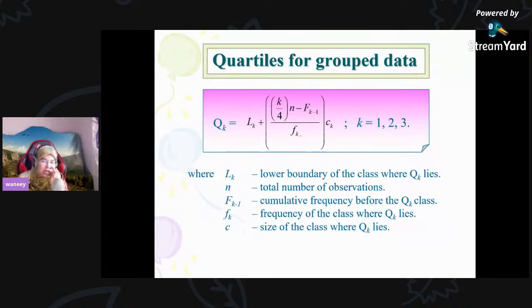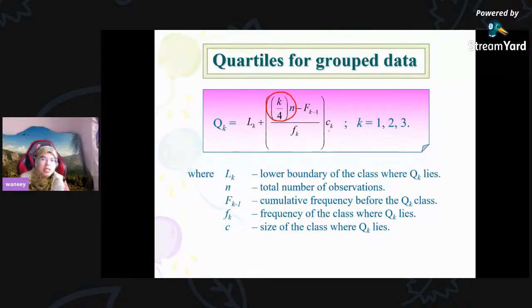This is almost similar to the median, except that for a median it is N over 2. So for the quartile, it will be k over 4 multiplied with N. If this is for a percentile, then it's k over 100 multiplied with N. The rest will be similar.